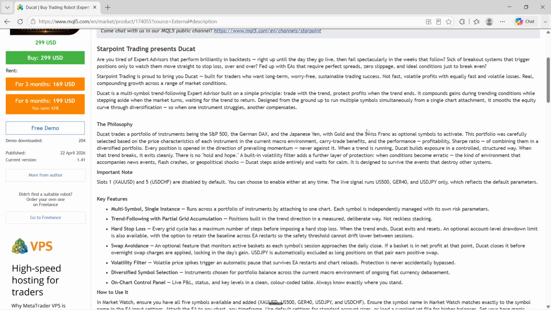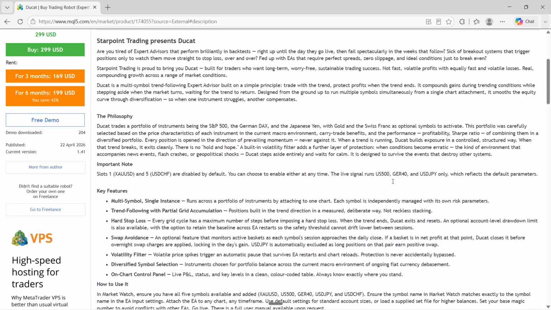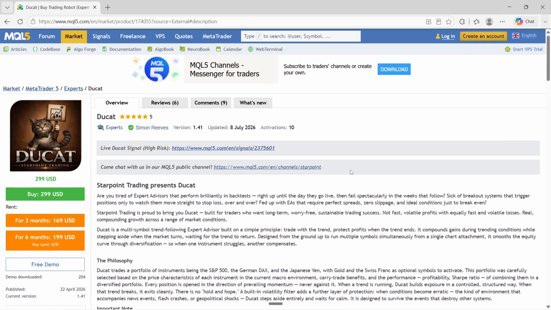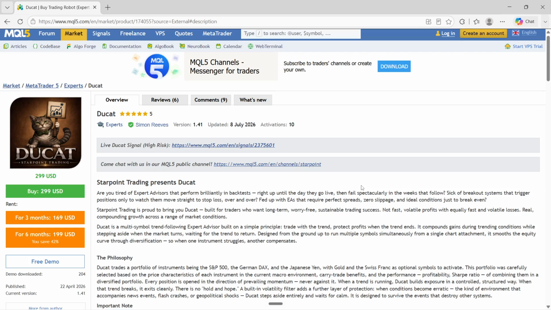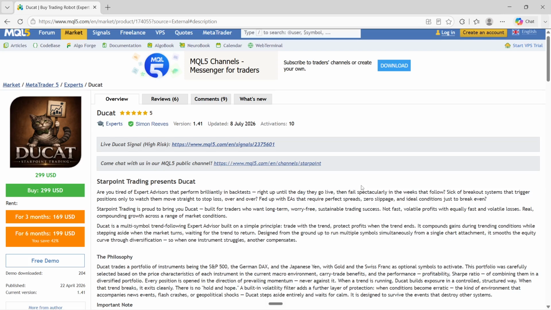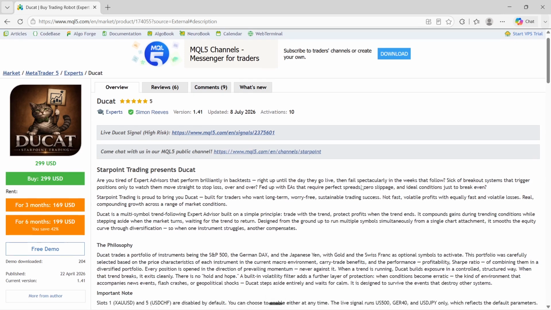When the trend breaks, it exits cleanly. A volatility filter pauses trading during erratic conditions such as news spikes or geopolitical shocks. The live signal runs the three default symbols only. The developer emphasizes sustainable compounding growth rather than fast volatile profits.